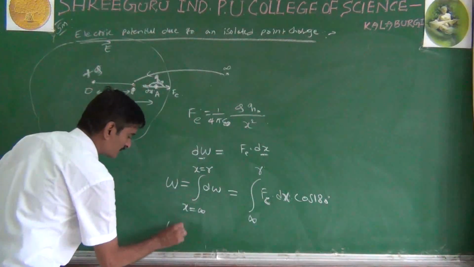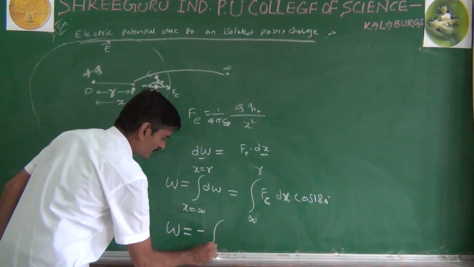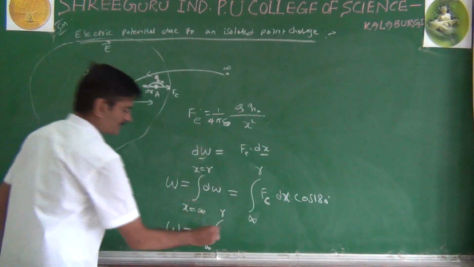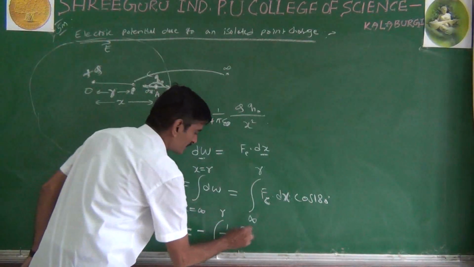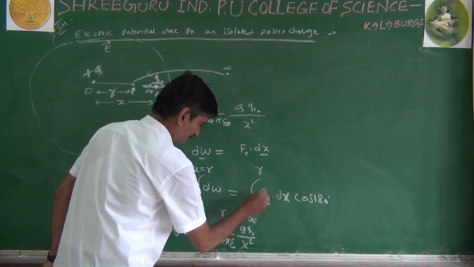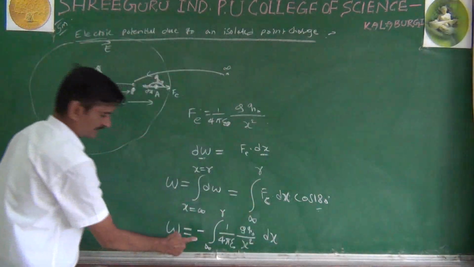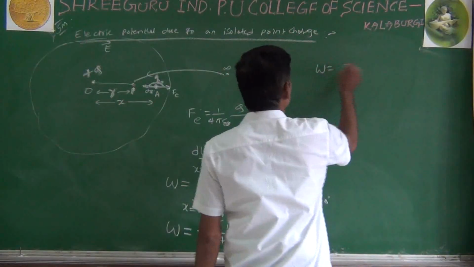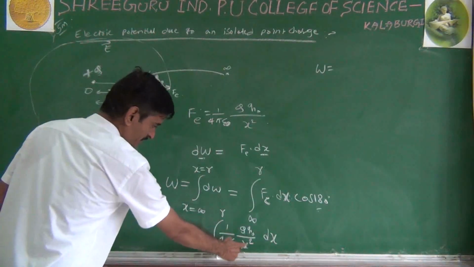So you get the work done W equal to minus the integration from infinity to r of Fe, which is 1 by 4 pi epsilon naught into Q0 divided by x square, into dx. Cos of 180 degrees gives a minus, and this is the minus here.